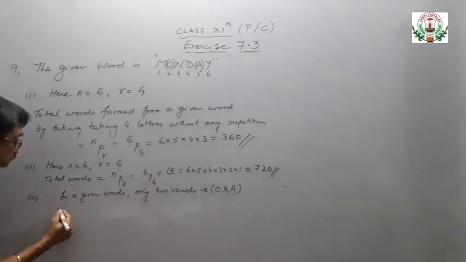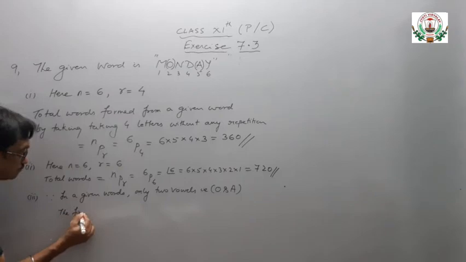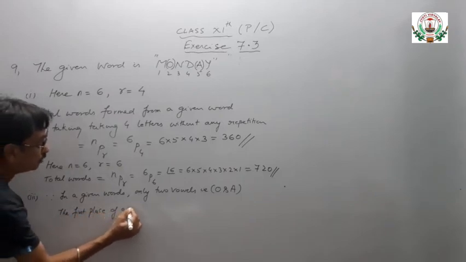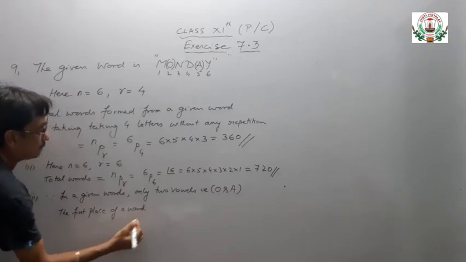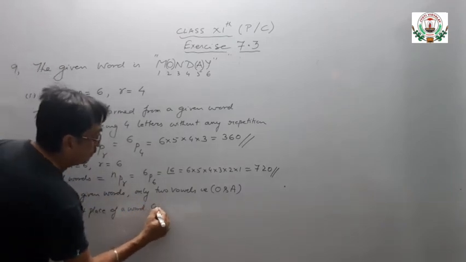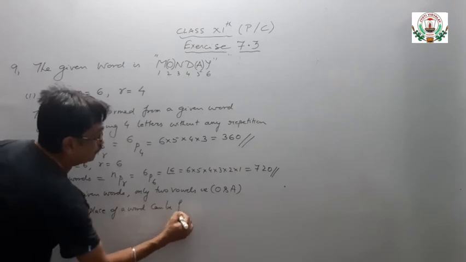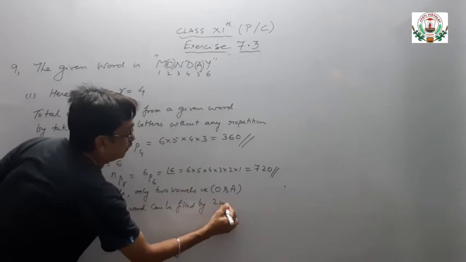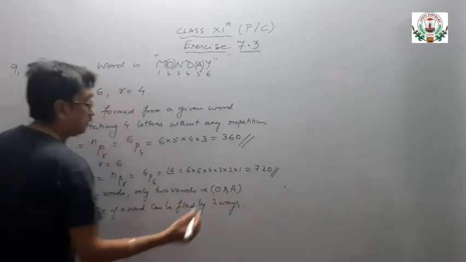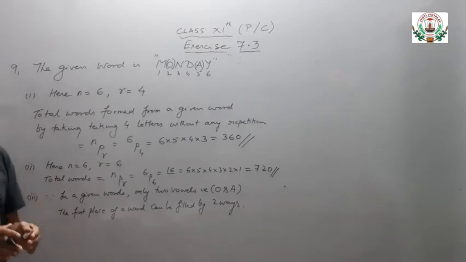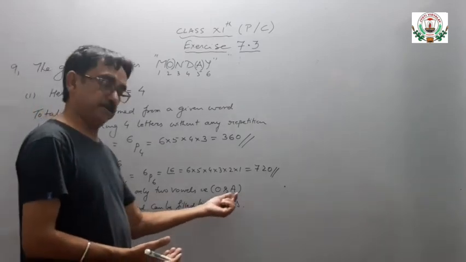So the first place of a word can be filled in 2 ways. As we can take O in the first place, or A we can take in the first place.